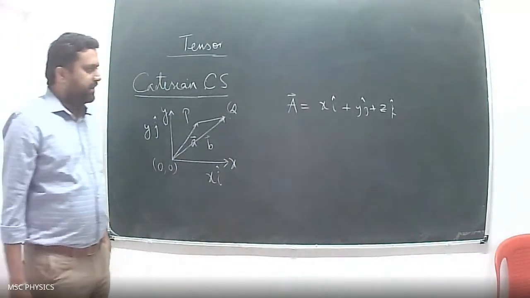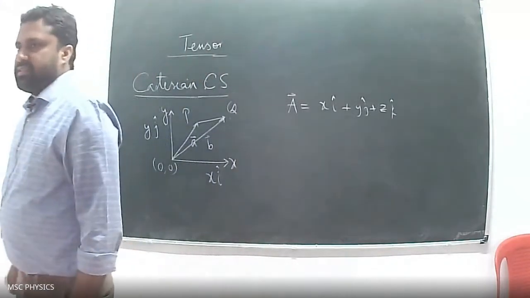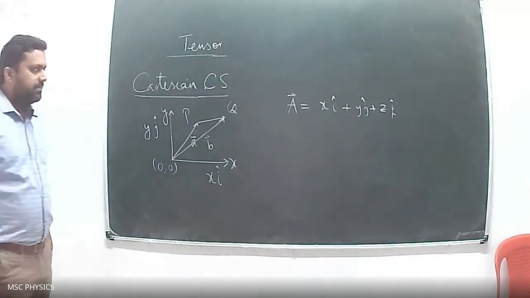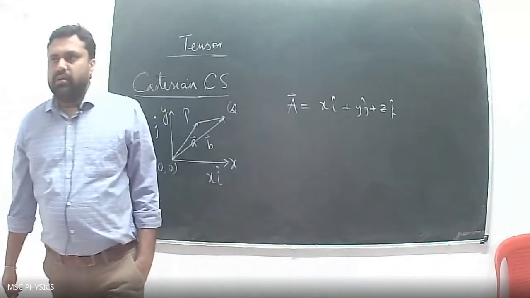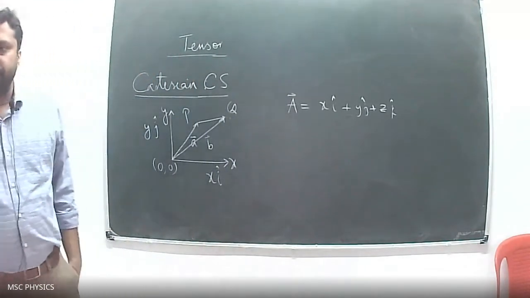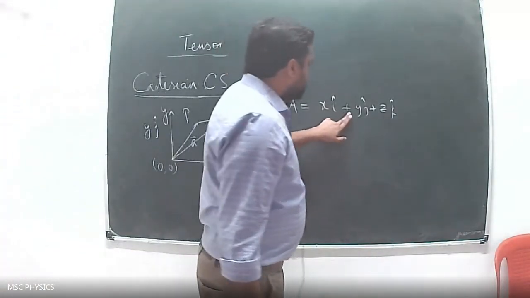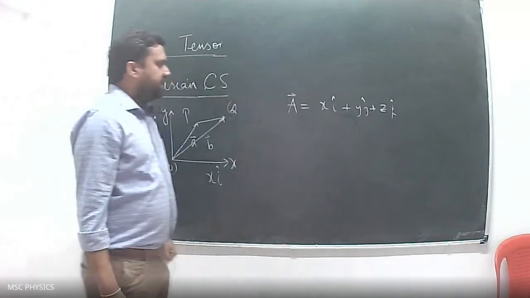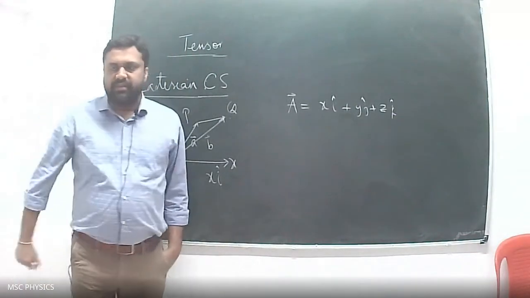Depending upon my problem, they could be integers, fractions, real numbers, or complex numbers also, right? If you're talking about quantum mechanics, we will be dealing with complex numbers. All right. So x, y, z, depending upon the range they may have, can take any value.